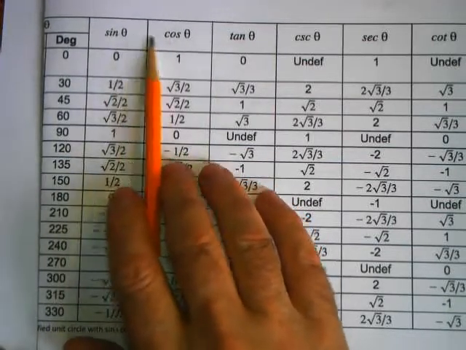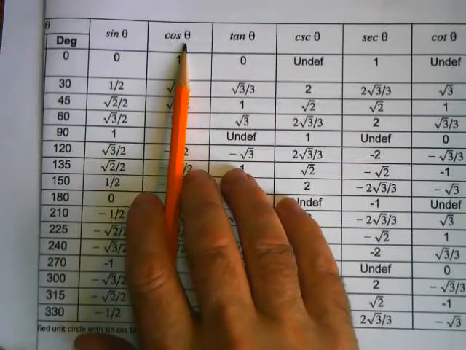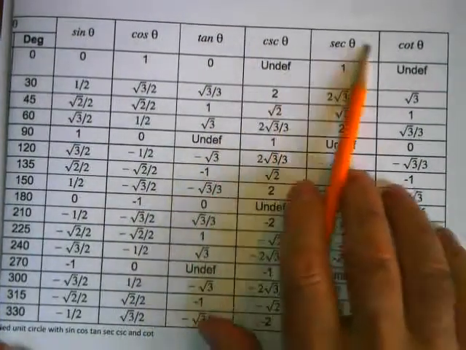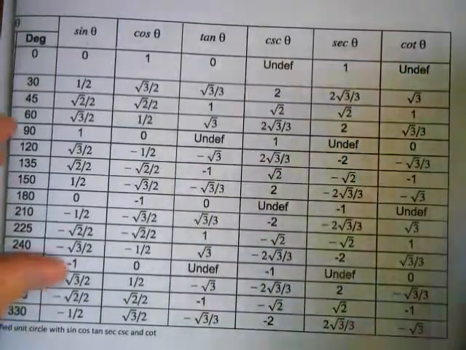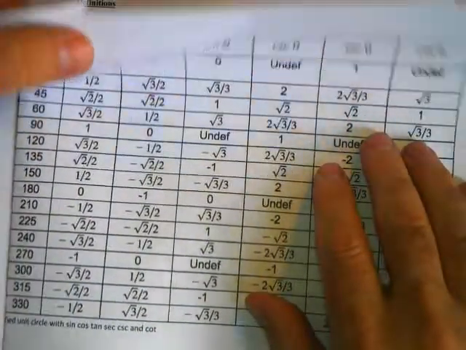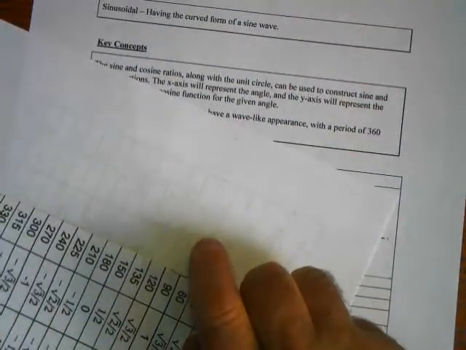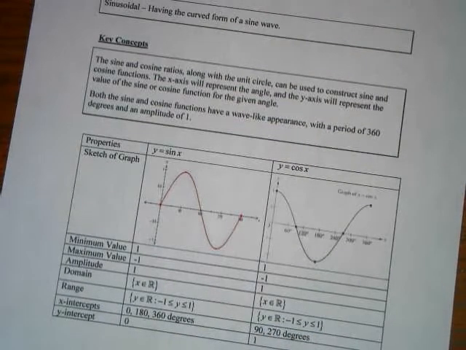So these will be our sine function and cosine function. I've also put the measurements for the other 4 trig ratios, but we're not going to use those. They're not nearly as useful as sine and cosine are. So I'm going to fold those off so that we just look at our favorite 2 functions, sine and cosine.